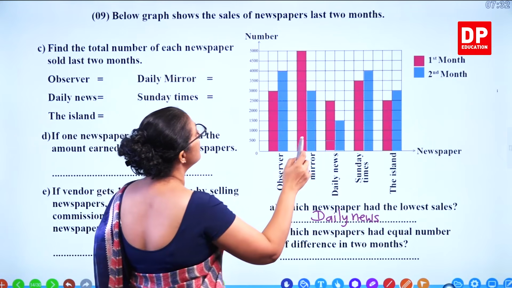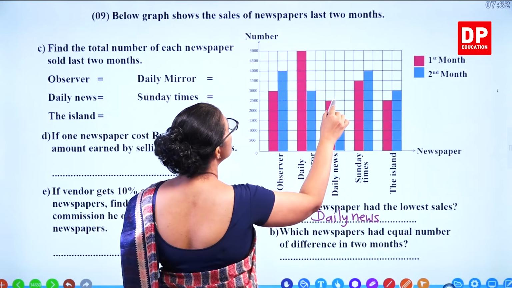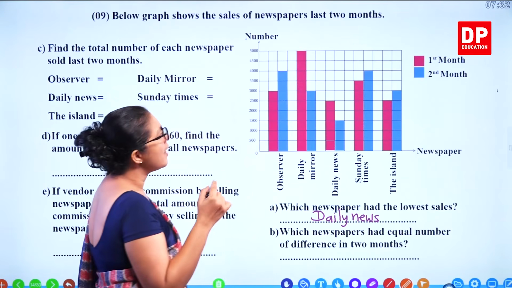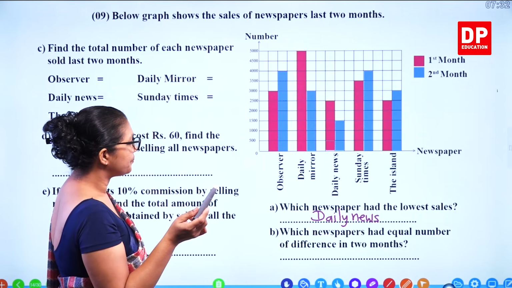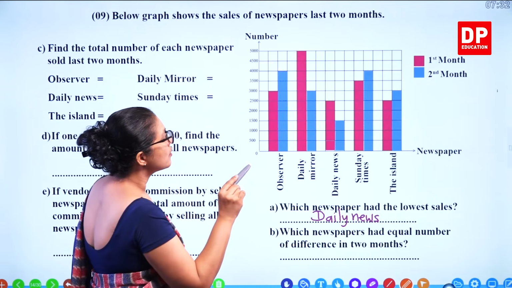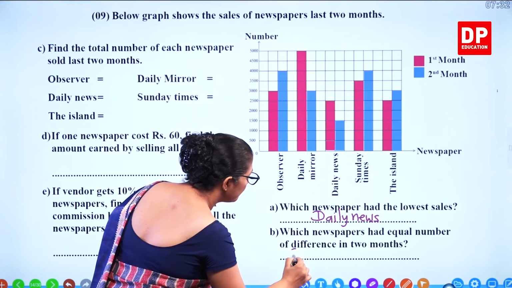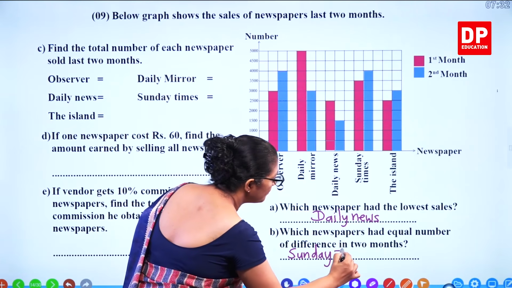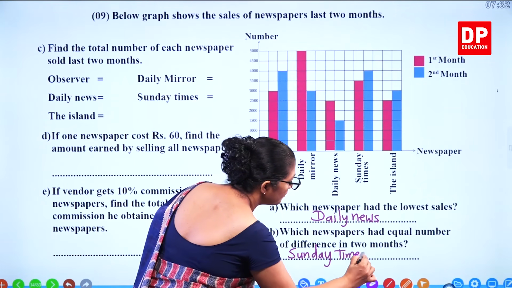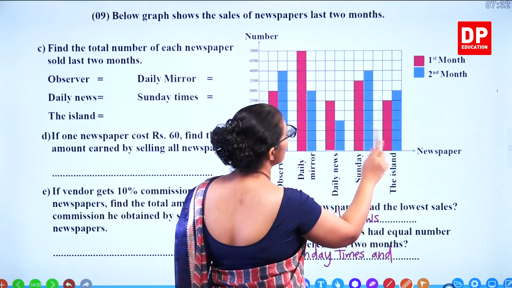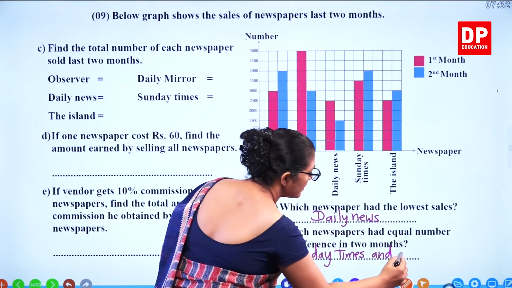And here, 2 bars here and 2 bars here. So you can write that also. Equal difference: Sunday Times and the Island.